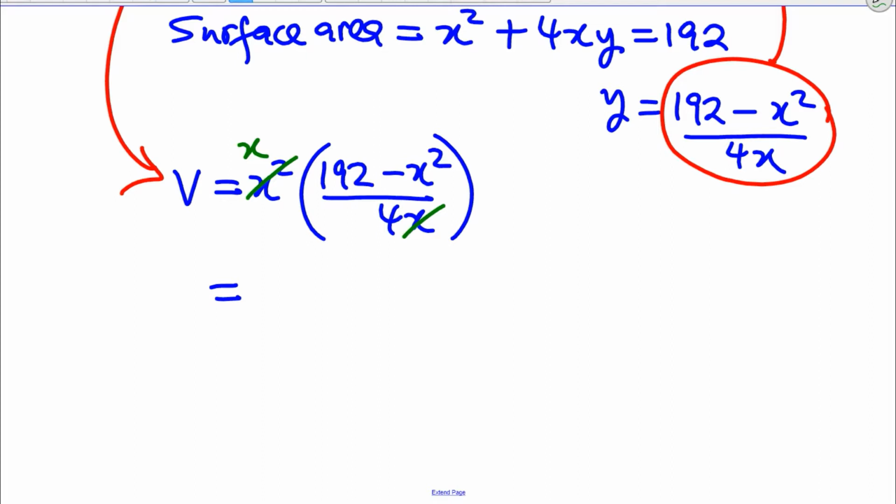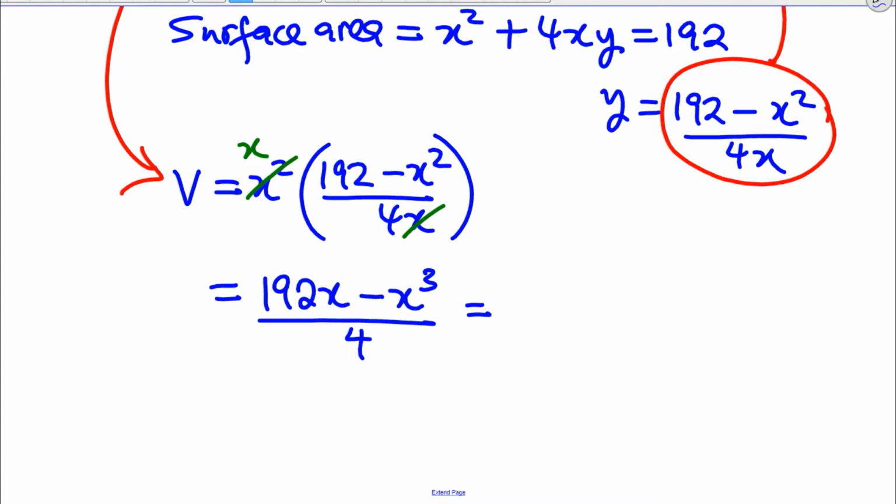So which means my numerator will be 192x minus x cubed over 4, which can be written as 192 divided by 4.